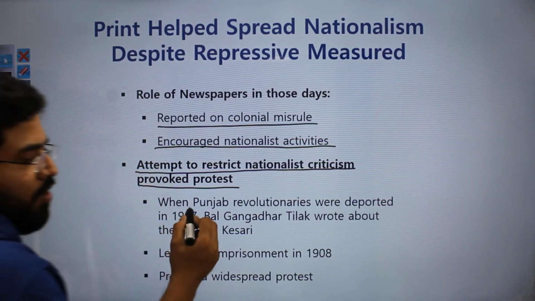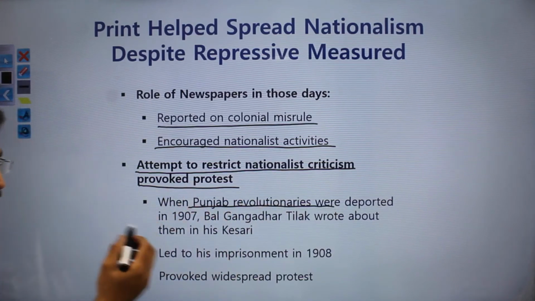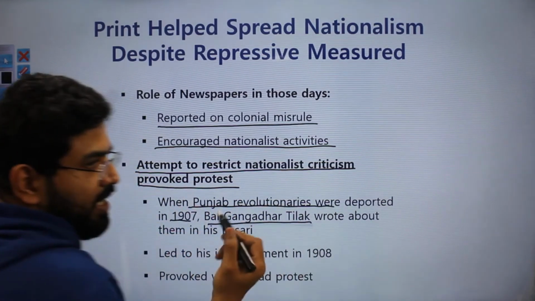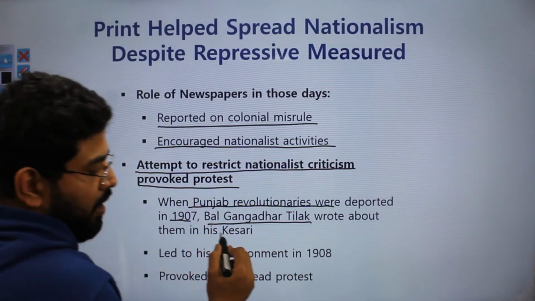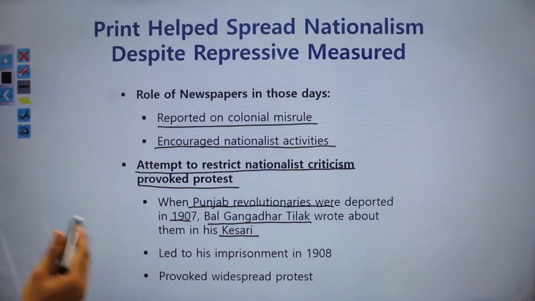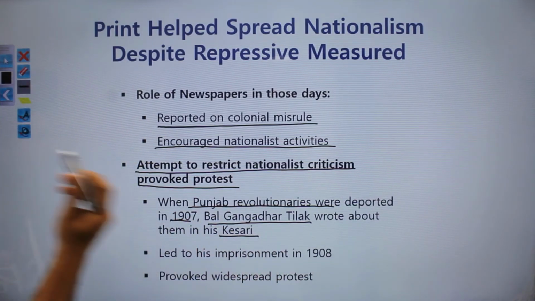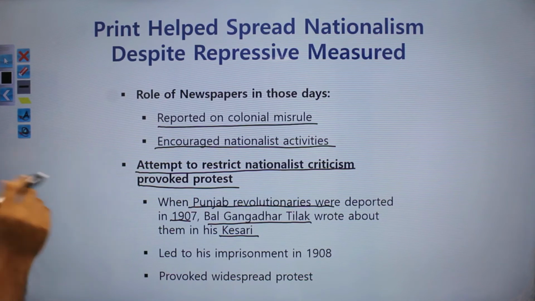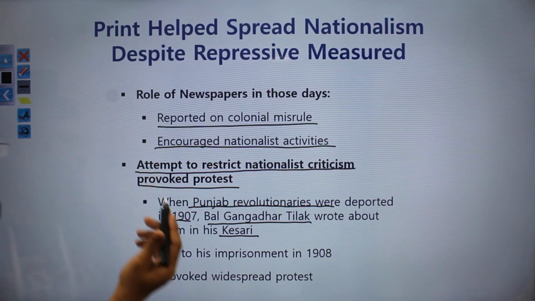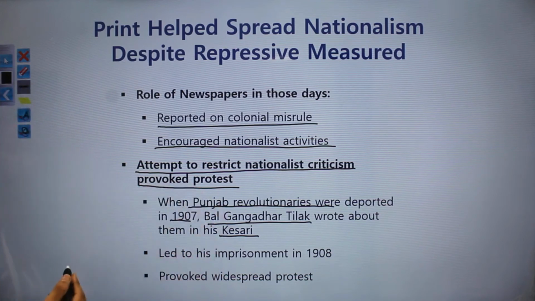An example is when Punjab revolutionaries were deported in 1907, Bal Gangadhar Tilak wrote in his famous Kesari newspaper about the misrule of the colonial rulers, misjudgments and various atrocities that were done on Indians.